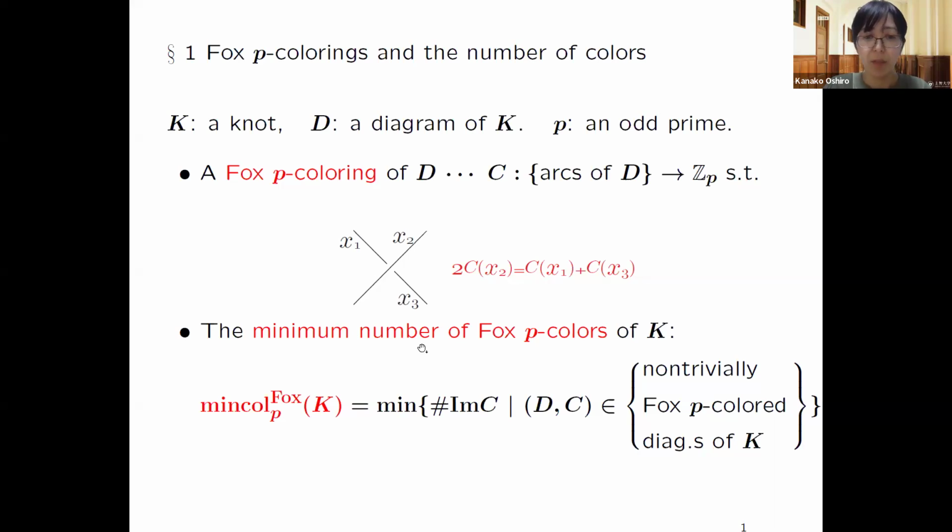And the minimum number of Fox p-colors of K is denoted like this and defined like this. This is the minimum number of distinct colors which can be used for non-trivially Fox p-colored diagrams of K.